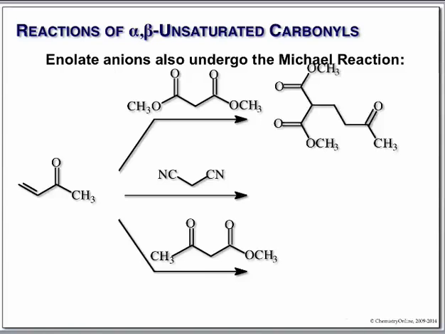With malononitrile, the reaction is exactly the same. This is our anion right here on the CH2. It's going to add to the beta carbon. The bond that we made is this one here. Again, this part of the molecule is from our starting ketone.